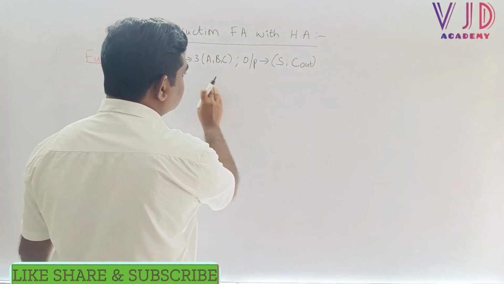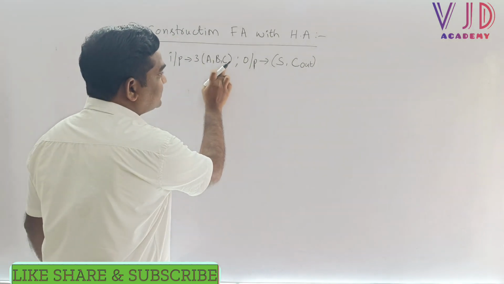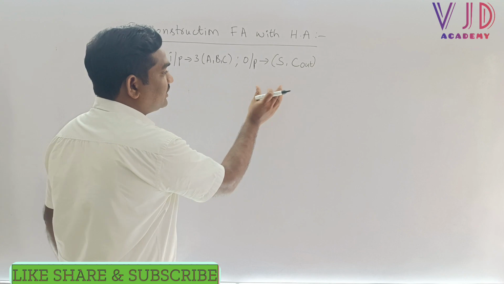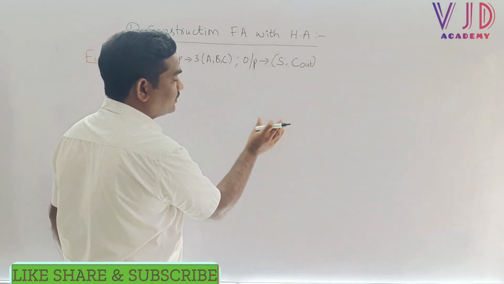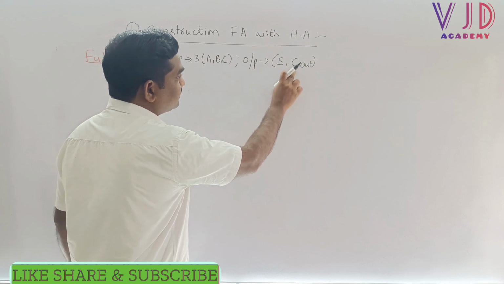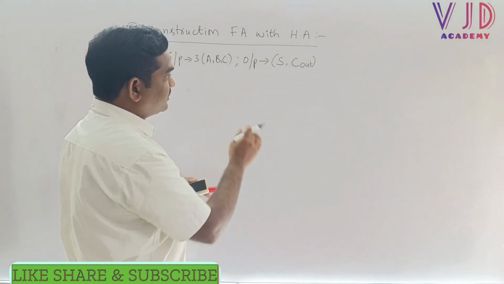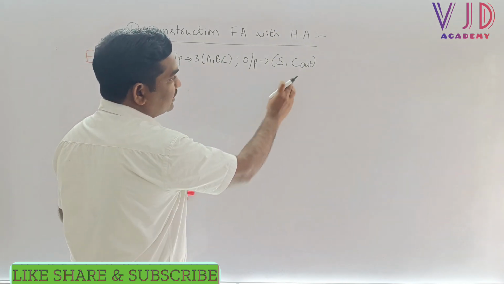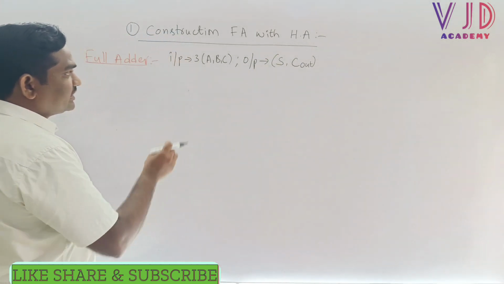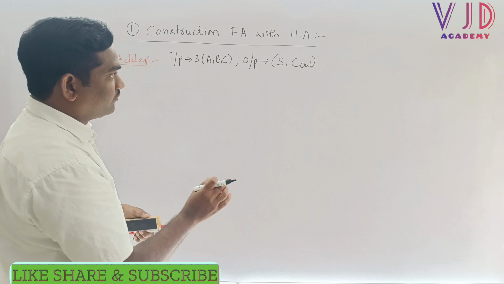Here we mention A, B, C as the inputs, so just for the sake of difference, to understand better and not to confuse, this particular C and this particular C are not the same. This is C input and this is C output. I mention it here as C out. So these are the inputs and outputs of a full adder.